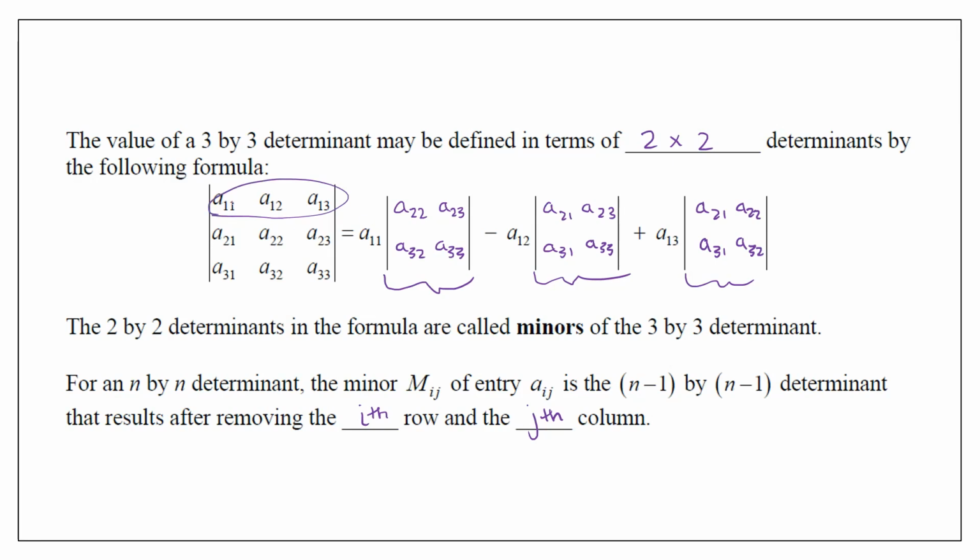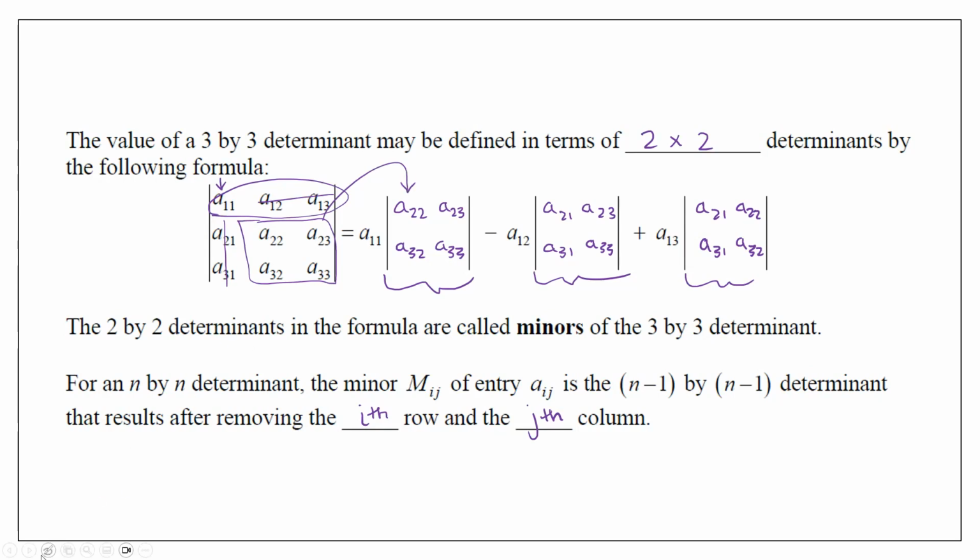So to find the minor of our first entry in the first row, we are going to remove the entries in the first row and in the first column. Then our minor will be the remaining entries, which is exactly what we see right here.